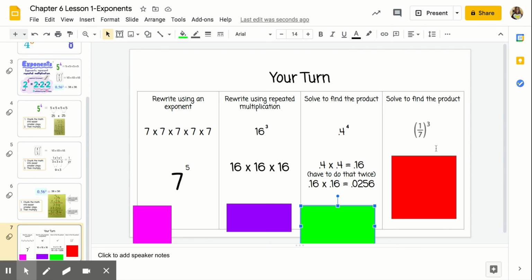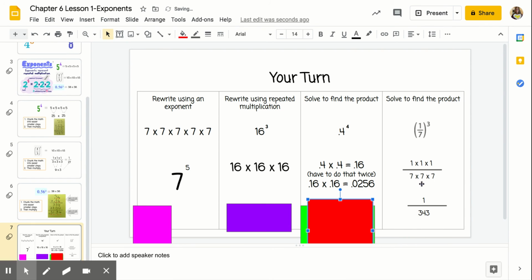Now this last one, remember when we're multiplying fractions, it's numerator times numerator, denominator times denominator. And so when you go ahead and do that, I simplified it first off, see if I can get this out of your way, by putting all of my numerators together and all of my denominators together. And it was easy to get the numerator. 1 times 1 times 1 is just 1.